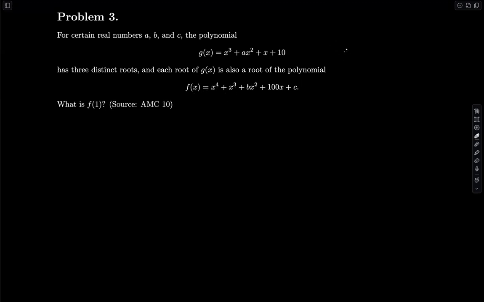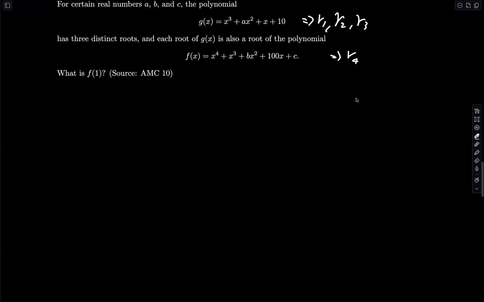So let's just say that the three distinct roots of g of x are r sub 1, r sub 2, and r sub 3. And we know that r sub 1, r sub 2, and r sub 3 are the roots of f of x too. So let's say that the additional root is r sub 4.